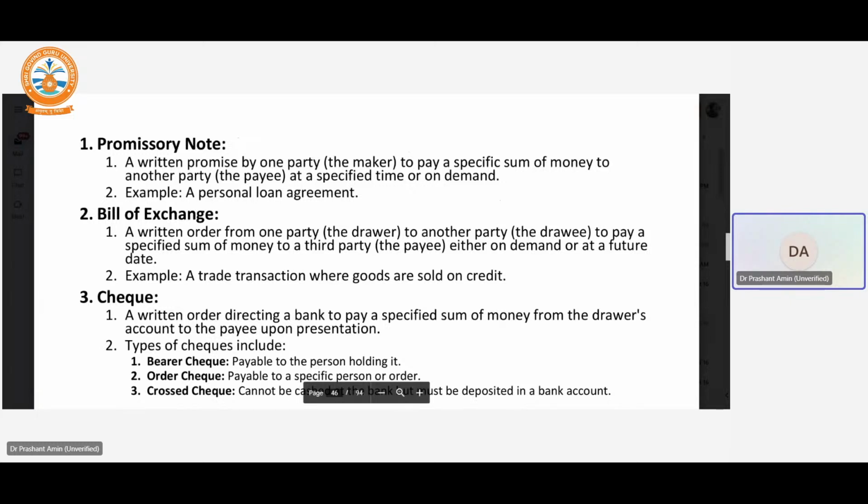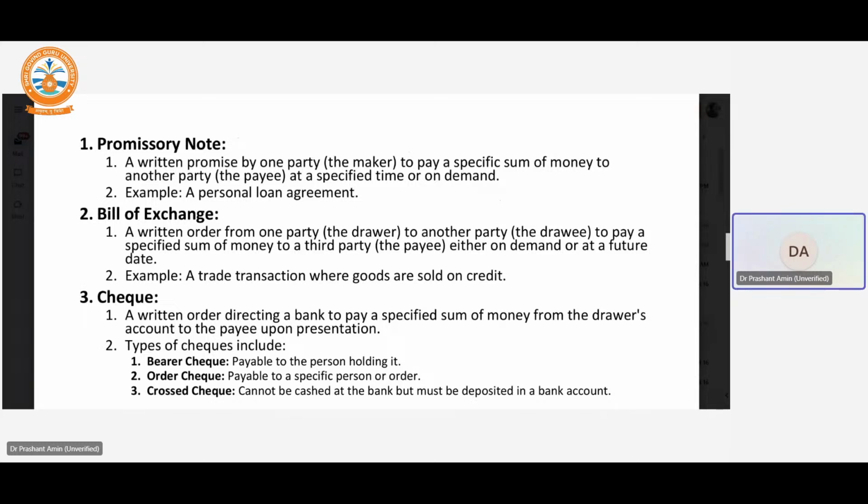The promissory note is a written promise by one party to pay a specific sum of money to another party, which we call the payee, at a specific time or on demand. And that's why the check period is 3 months.